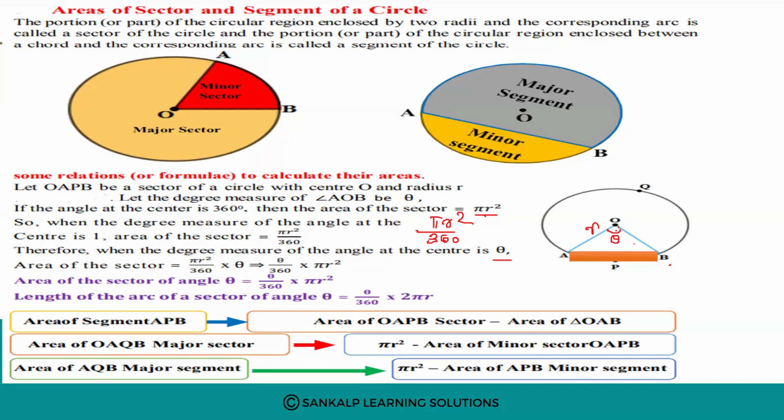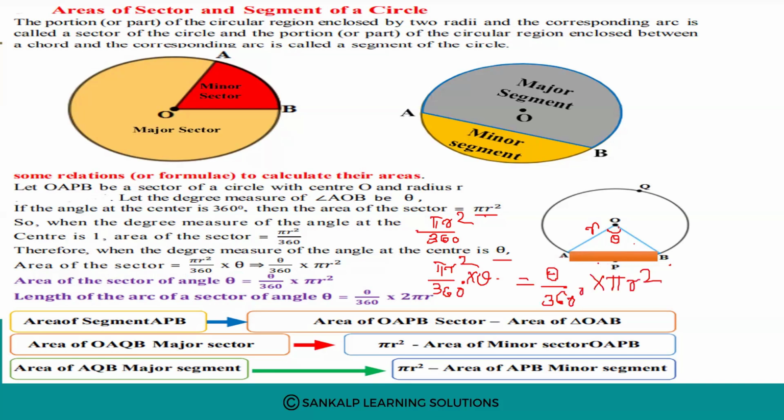When theta is given other than 1, you can use this formula. When you rewrite this, you get theta divided by 360 degrees into pi r square.